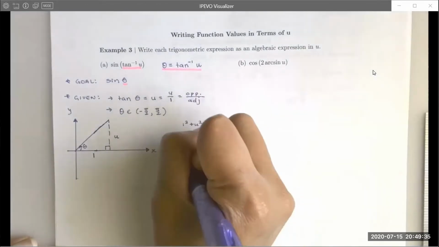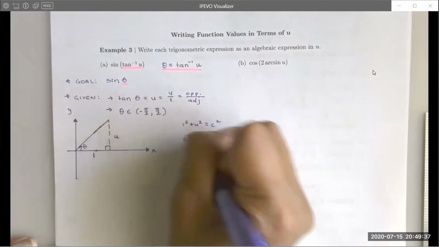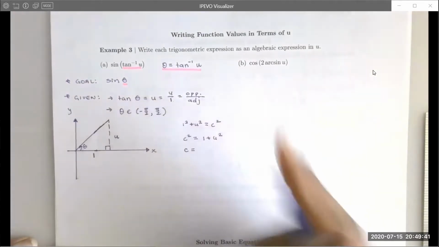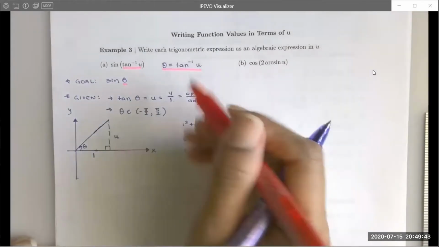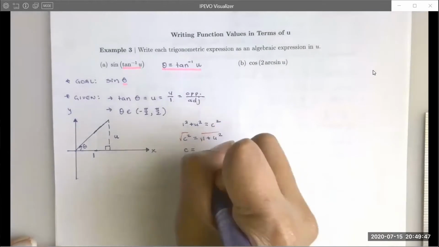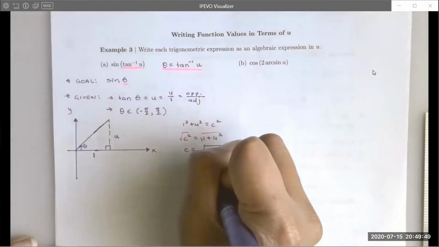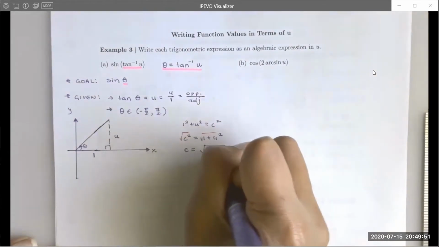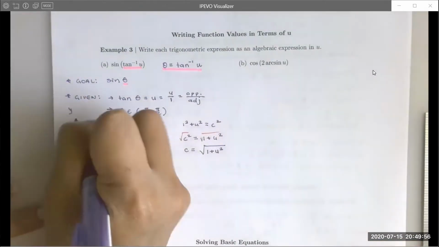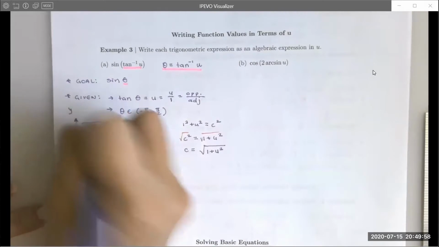From there we're going to get that c squared is just going to be 1 plus u squared. Take the square root of both sides, and technically we would have two options, plus or minus, but because the hypotenuse is always positive, we choose the positive root, the square root of 1 plus u squared. Okay, so this here becomes the square root of 1 plus u squared.